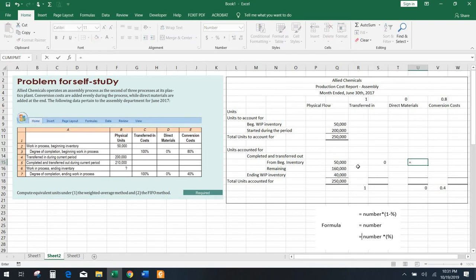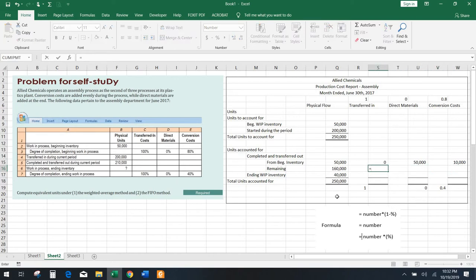So that equals the number multiplied times 1 minus the percentage. Okay, that's 50,000. And then this equals the number multiplied times 1 minus the percentage, close parentheses. Okay, now let's move on down to the second line and we'll follow the same formula.